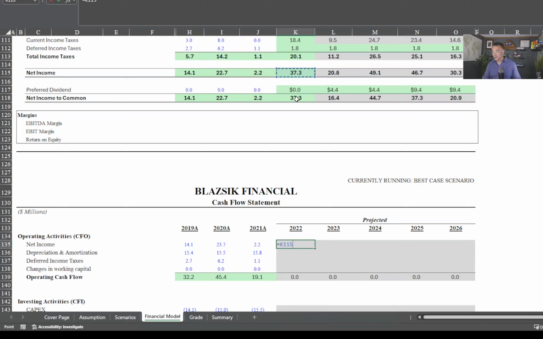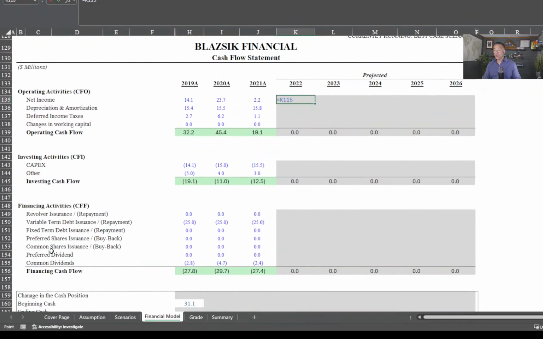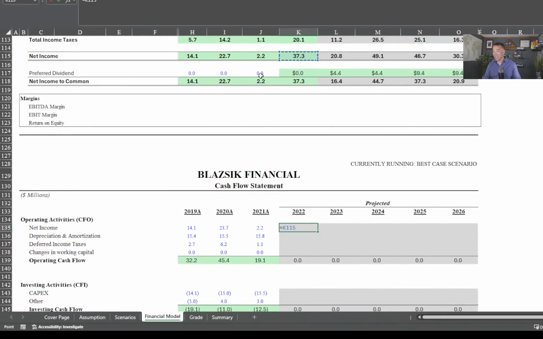Some students will select that one, which would be incorrect. The reason is in the financing activities, we put in the effect of paying out the dividend. So if I took the net income to common and dragged that in there, that would take out preferred dividends twice. So we want that first income for operations.